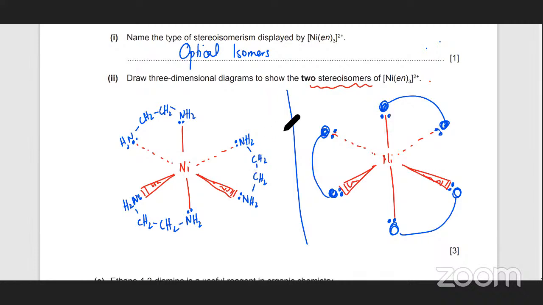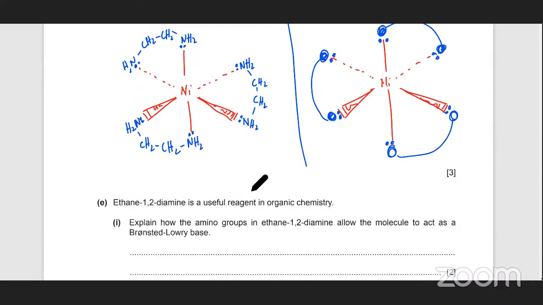In optical isomerism, this is the only example that you have to remember. And the optical isomerism that you have studied is the one with bidentate ligands. These two are connected, these two are connected, and these two are connected with a bidentate ligand. Okay, so you have to remember exactly this particular example by heart.